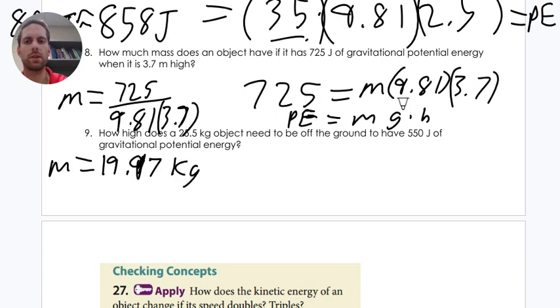Or if we're rounding this to 2, I suppose it's about 20.